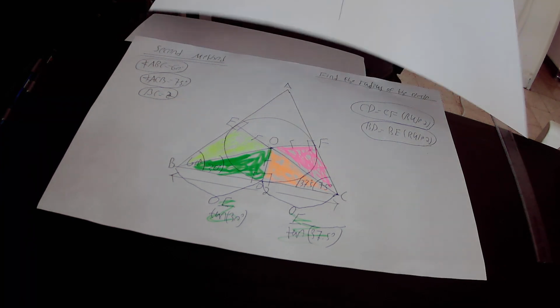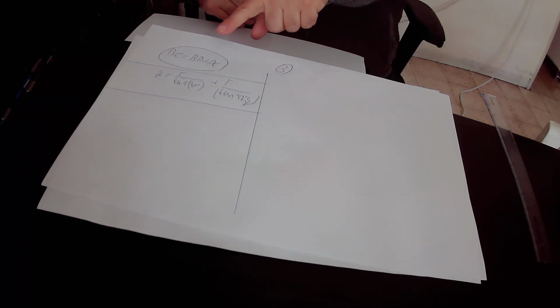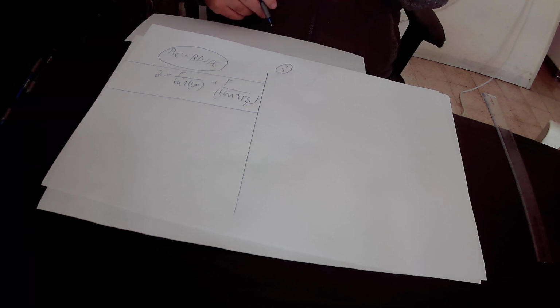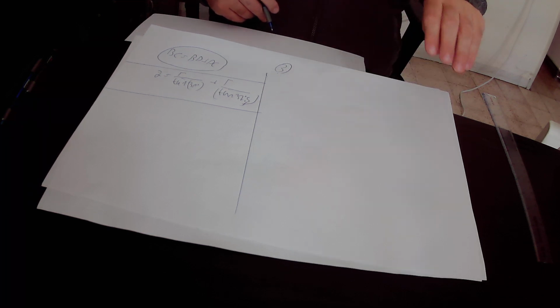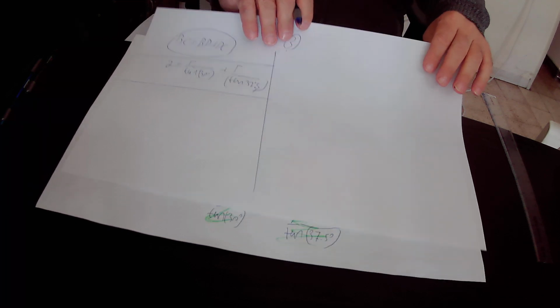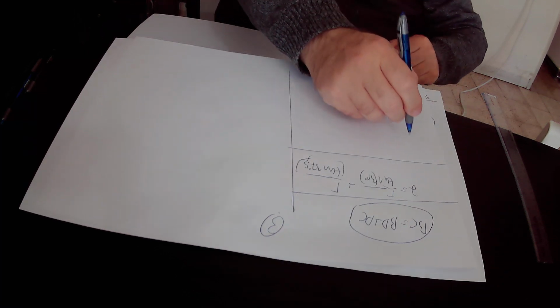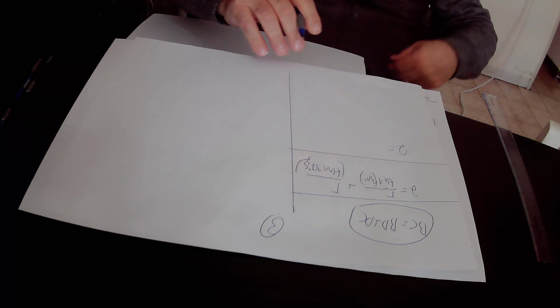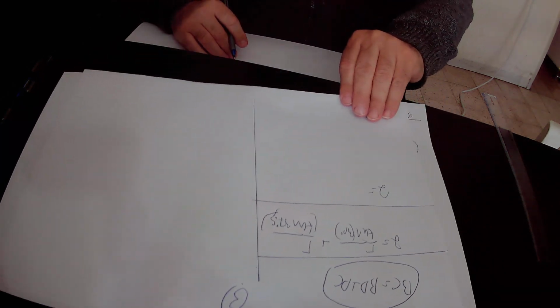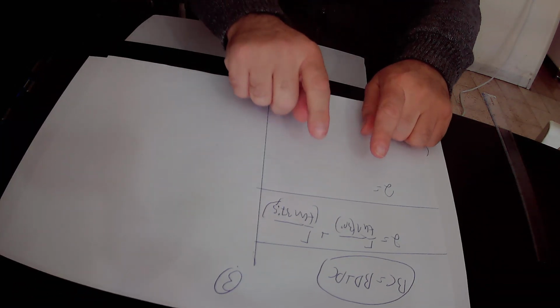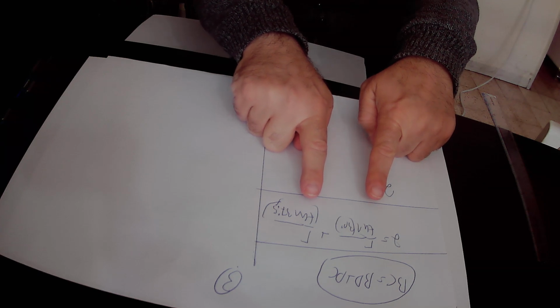In conclusion, we found out that 2 equals R over tan 30 degrees plus R over tan 37.5 degrees. So 2 equals, here we take out R as a common factor from those two expressions.